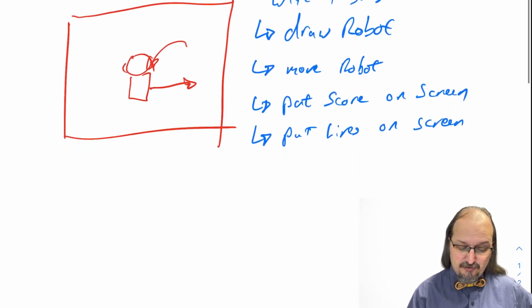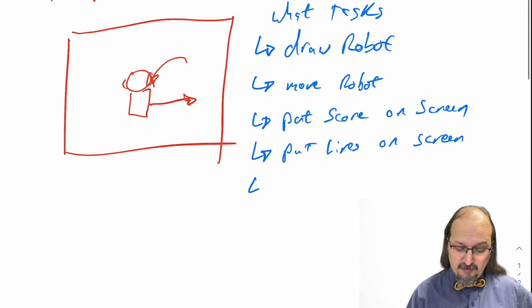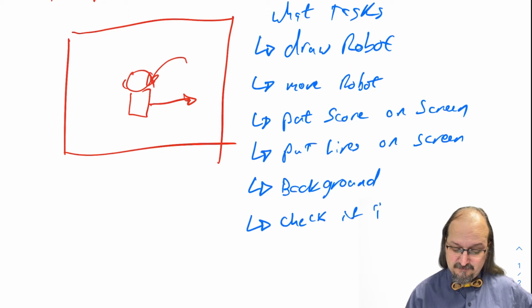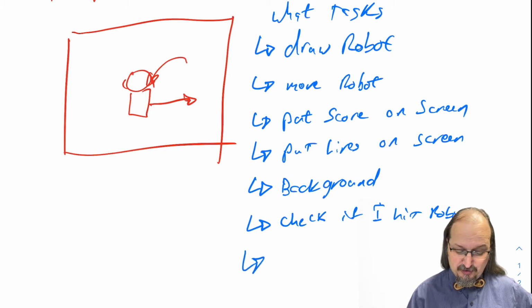Right? We need to, let's see what else we need to do. We need to draw our background. What else do we need to do? We need to check if I hit or not. Right? We need to be able to increase score.